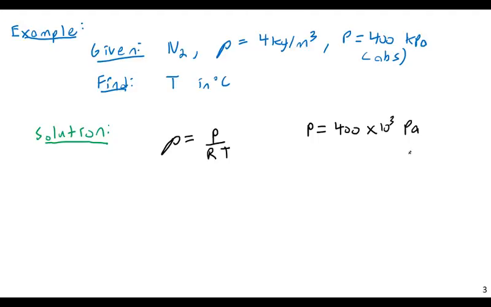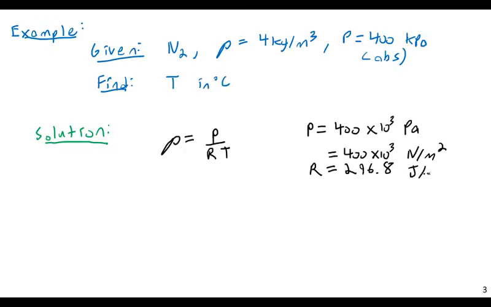I've converted from kilopascals to pascals. Or this is also 400 times 10 to the third newtons per square meter. And then R, looking in the book, a good R to use will be 296.8 joules per kilogram Kelvin, sort of the metric one. With kilogram Kelvin both in the denominator, which is also equal to 296.8 Newton meters per kilogram Kelvin.